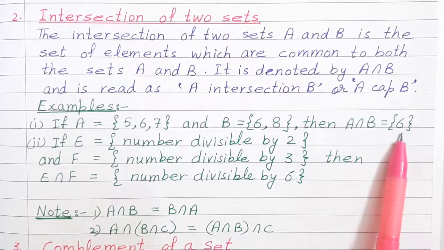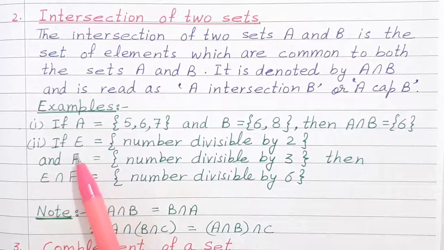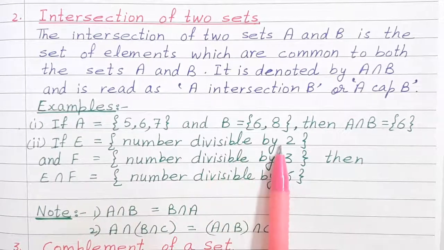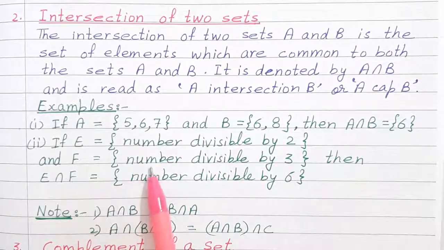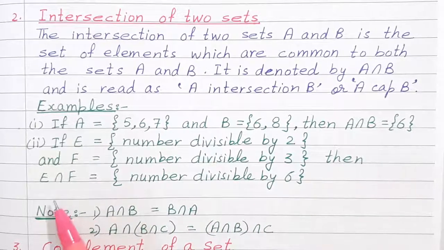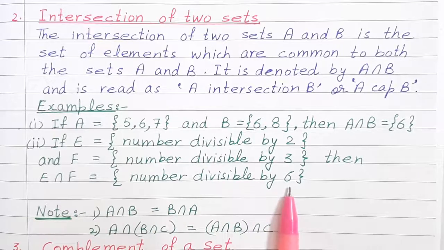Clear? Now see the same second example that we discussed in the case of union. If E is numbers divisible by 2 and F is numbers divisible by 3, then the intersection will be numbers which are divisible by 6.